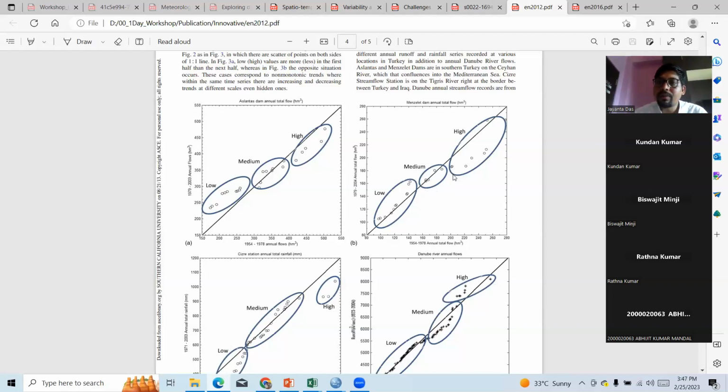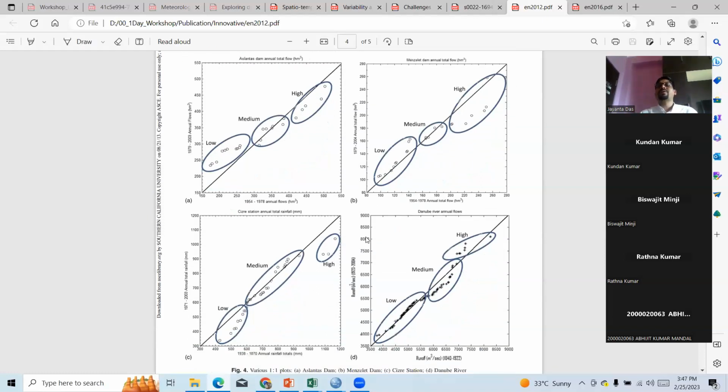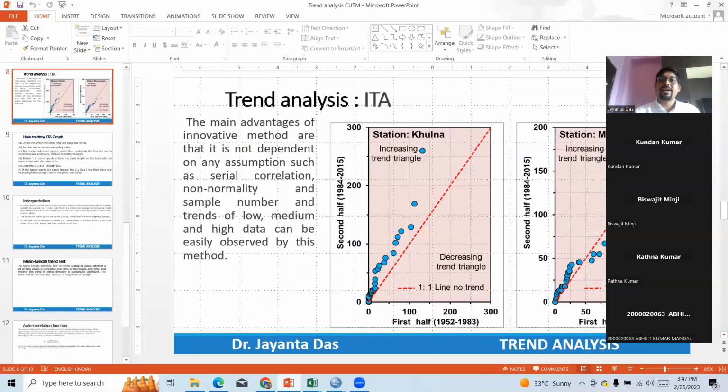Like this we can easily select low, medium, high, and categorize our results. Suppose in this case, low is an increasing trend, medium is no trend because it's haphazardly distributed, and this is a decreasing trend, high decreasing trend. So we can prepare our result this way also.